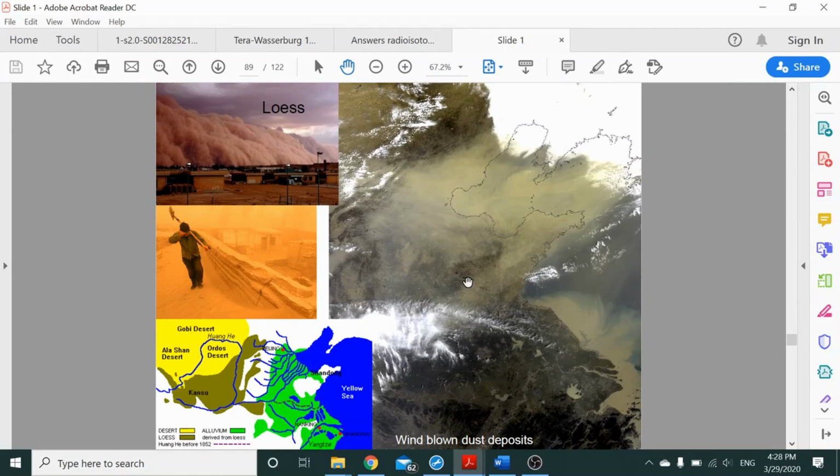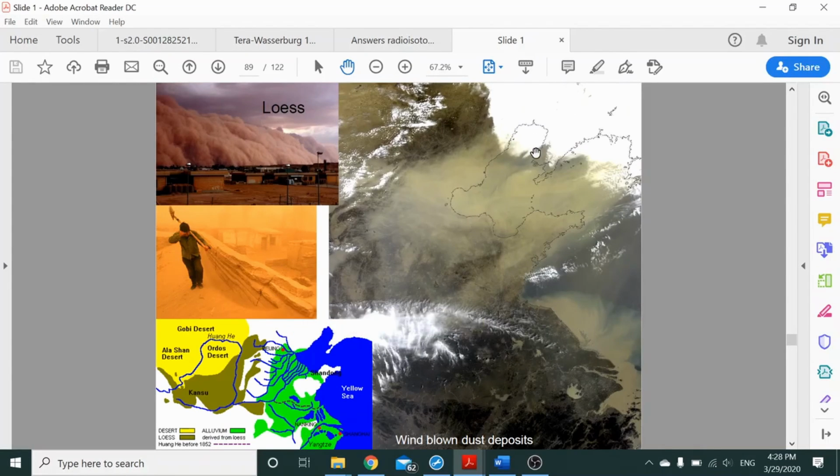So these are pictures of loess up in the air. And these pictures are showing the East Asia or East China area. Where I am from, I have seen weather like this.